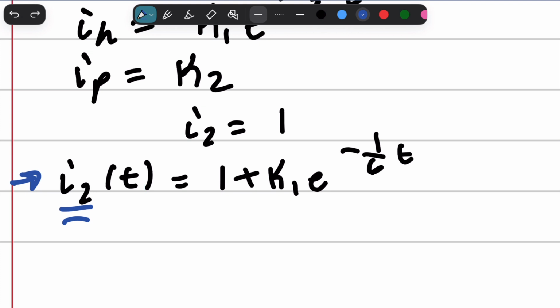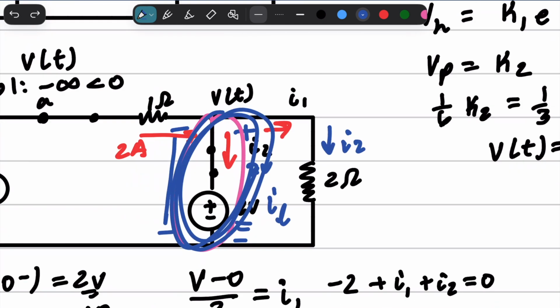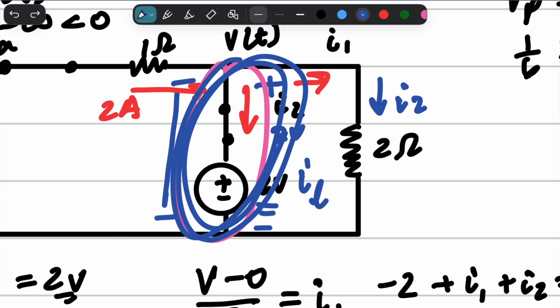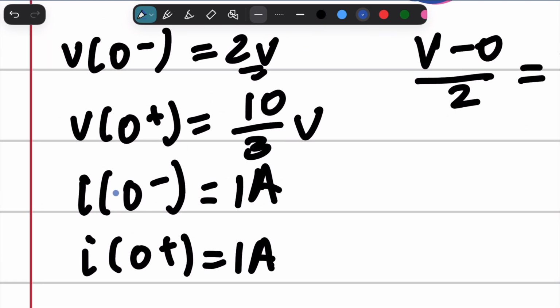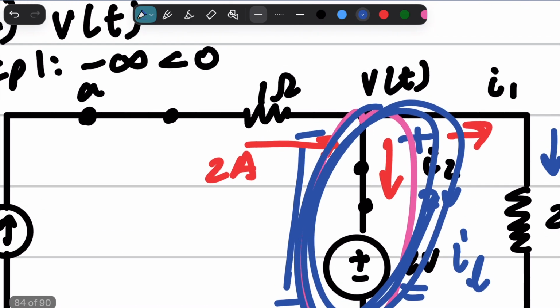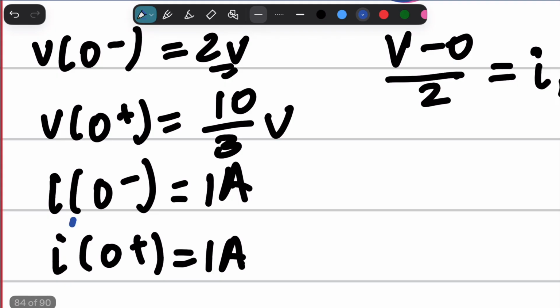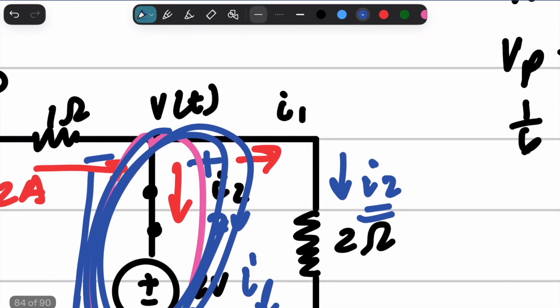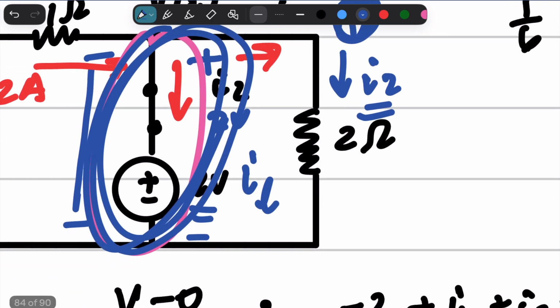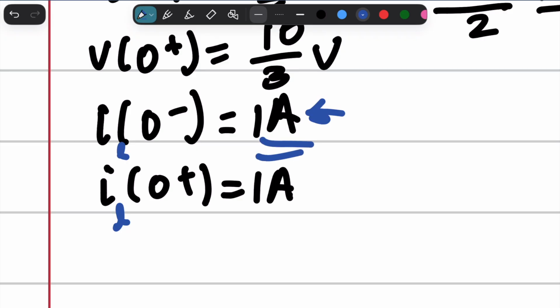We know that the initial condition for the current down this way is 1, but we don't know what the initial condition is for I2. Yes, we have 0 minus 1, and we have 1 right here, but remember, this is just for that branch only. We never found the initial condition in this branch right here, and it doesn't have an inductor, so there's no law saying that it has to be 1 amp.